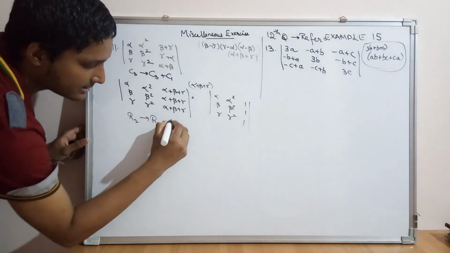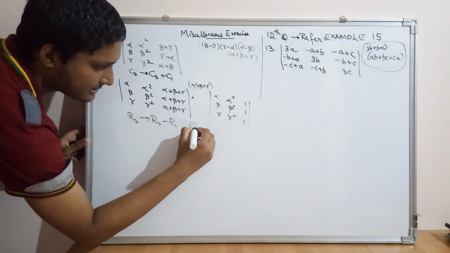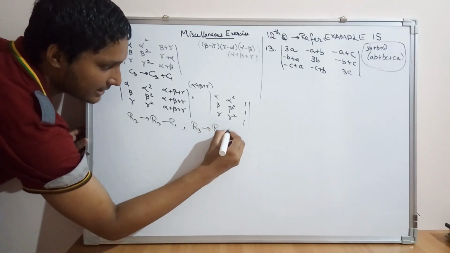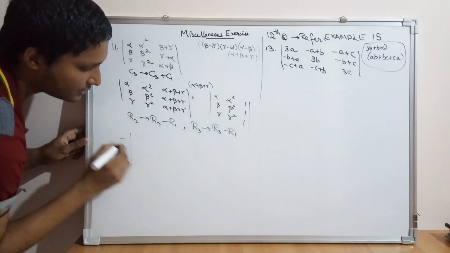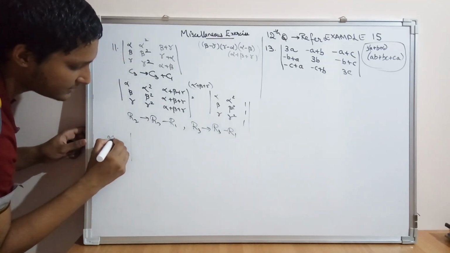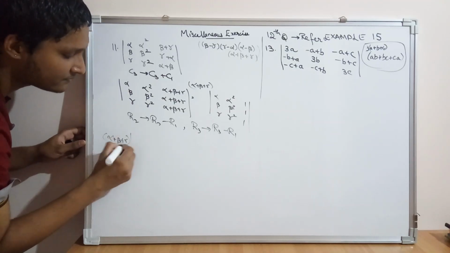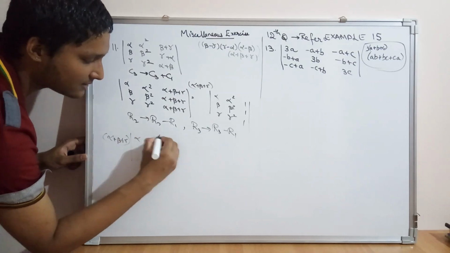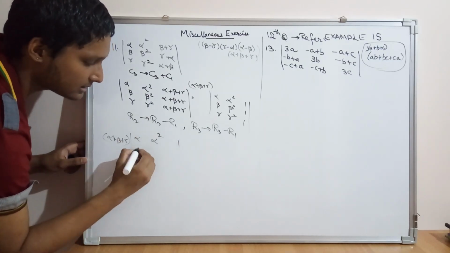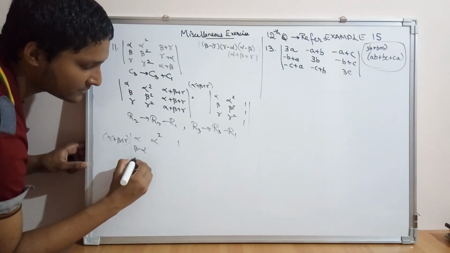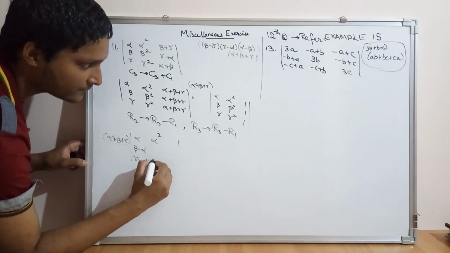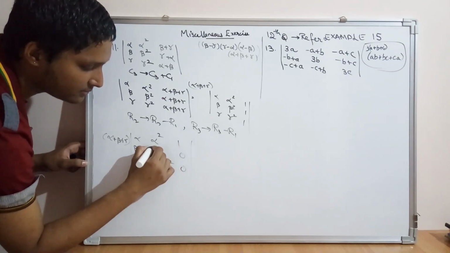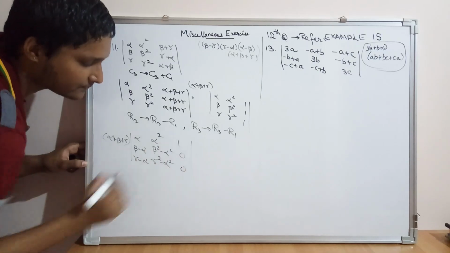R2 becomes R2 minus R1, and R3 becomes R3 minus R1. When I do that, I am going to get 2 extra zeros. Alpha plus beta plus gamma is already there. The first row remains as it is, that is alpha, alpha square and 1. Then this was beta minus alpha, gamma minus alpha, gamma square minus alpha square, 0, 0, beta square minus alpha square.